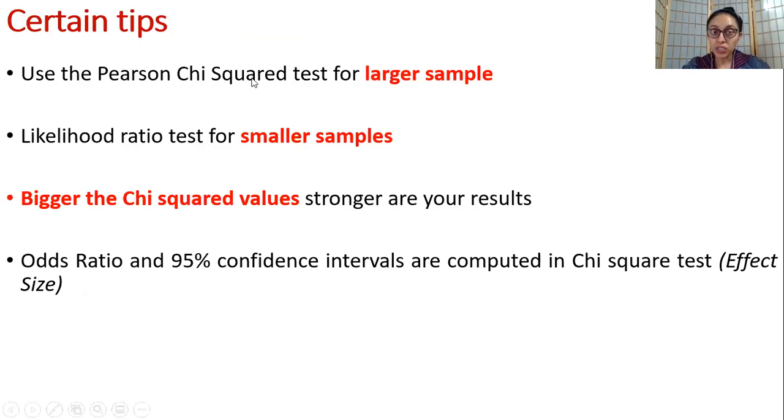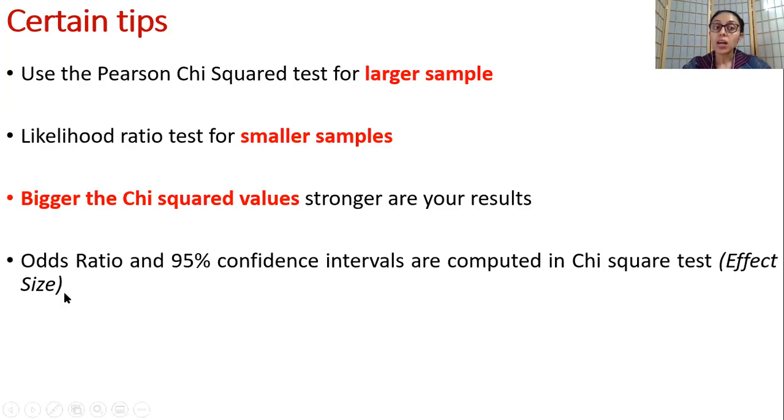Pearson's chi-square test is generally used for a larger sample. The likelihood ratio test, which comes up alongside Pearson's chi-square test, is used for a smaller sample, which is less than 30, just an FYI. And the bigger the chi-square value, the stronger the result. The same phenomenon applies for t and for r, all of those values.